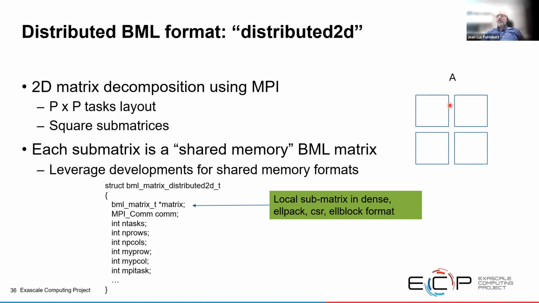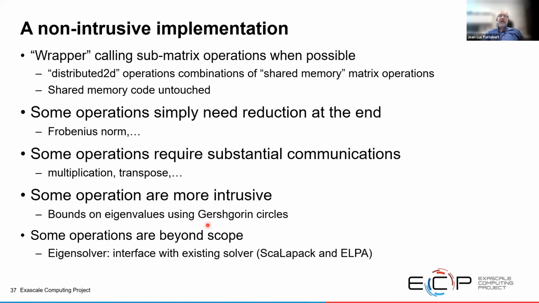Each processor owns a square matrix, which is one of the other formats we're supporting on shared memory. So this is a very non-intrusive implementation. A lot of the functionality is essentially a wrapper around the shared memory code that we've been working on and optimizing.